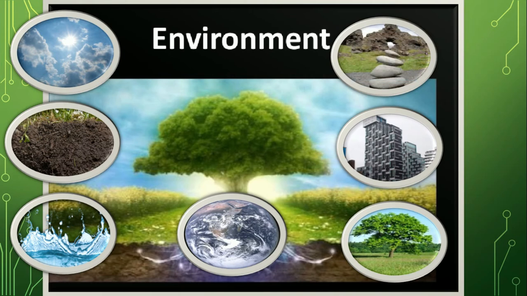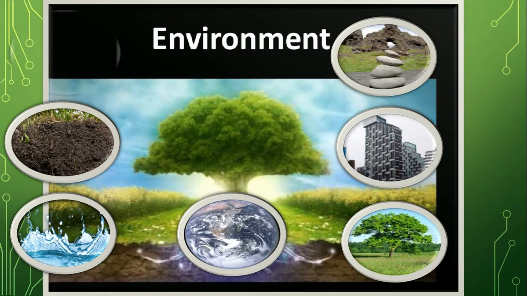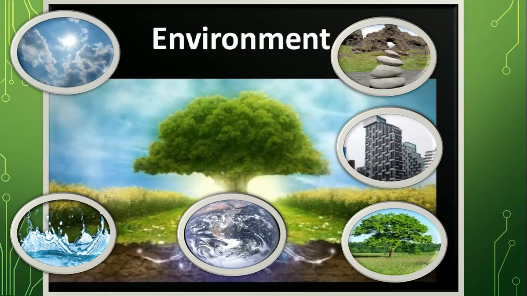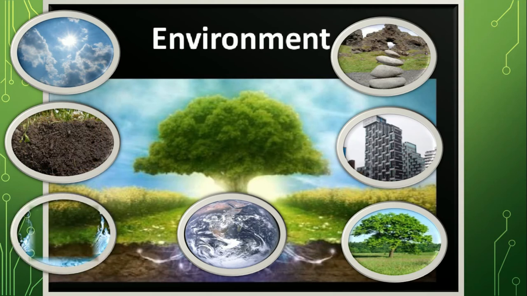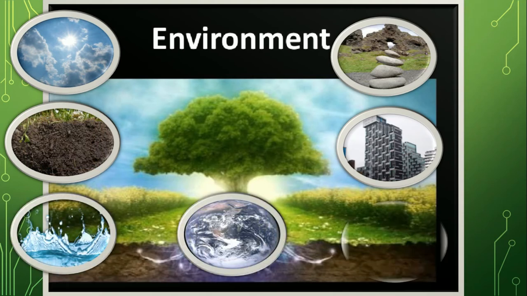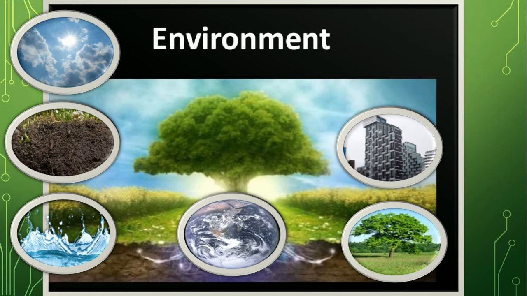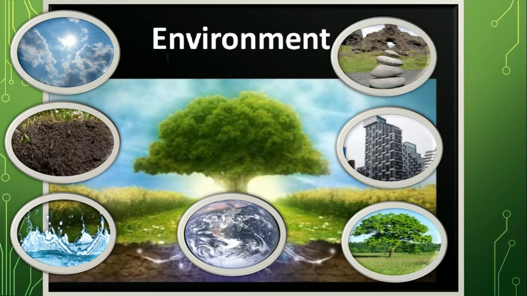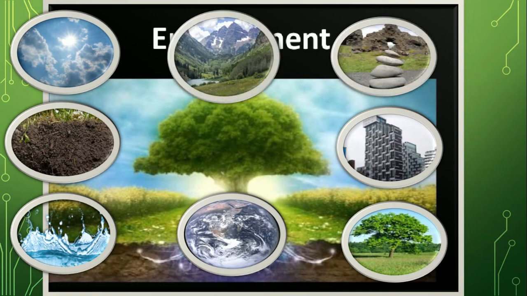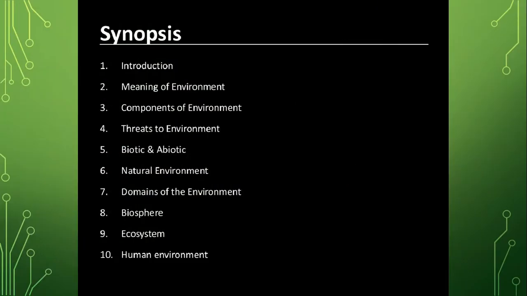So, in nature, some things are natural, which exist automatically, and some things are man-prepared. It is called man-made material. So, let's learn the lesson Environment. Synopsis.